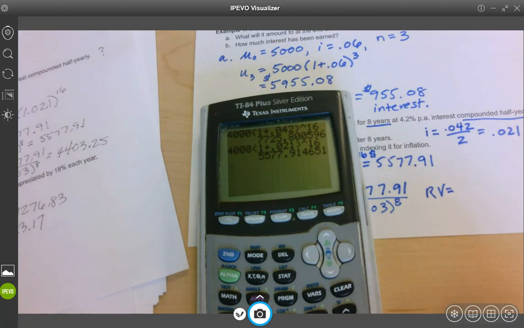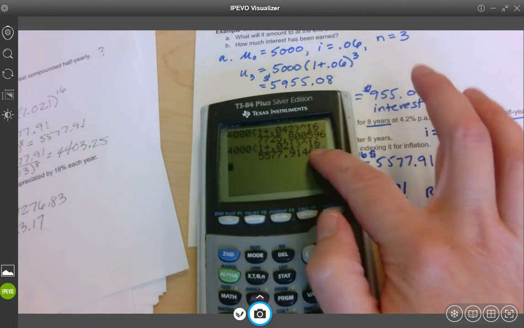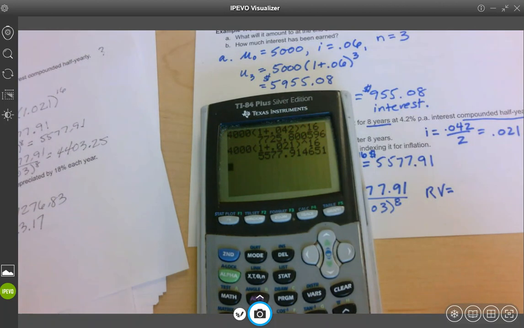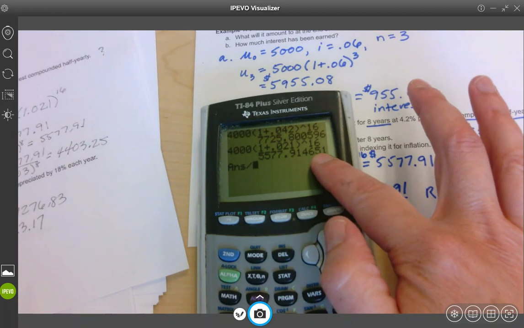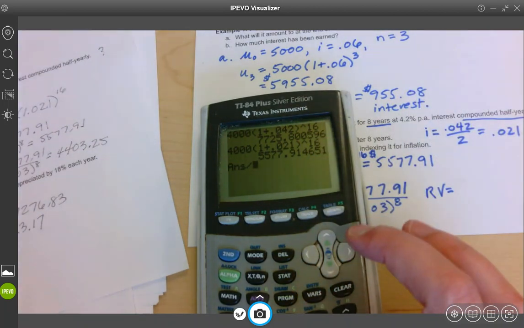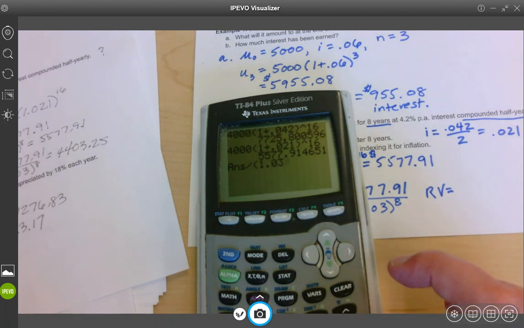If you want to take this answer that you just had and divide it, you can just hit divide. And notice it says answer. That means it's going to use your last answer, and you don't have to type it again. And I need parentheses, 1.03 to the 8th.